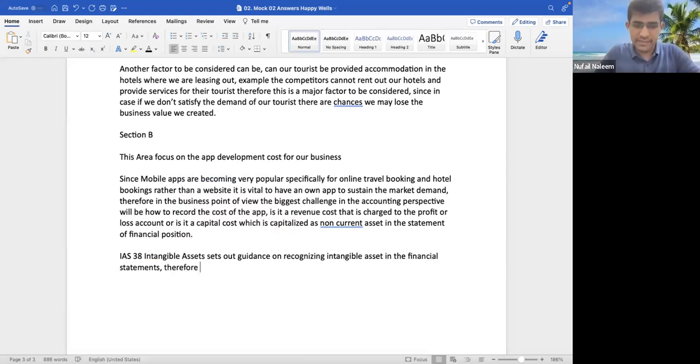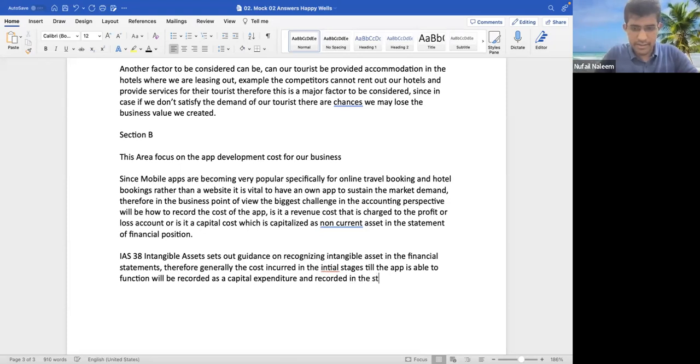Therefore, generally, the cost incurred in the initial stages till the app is able to function will be recorded as a capital expenditure and recorded in the statement of financial position.